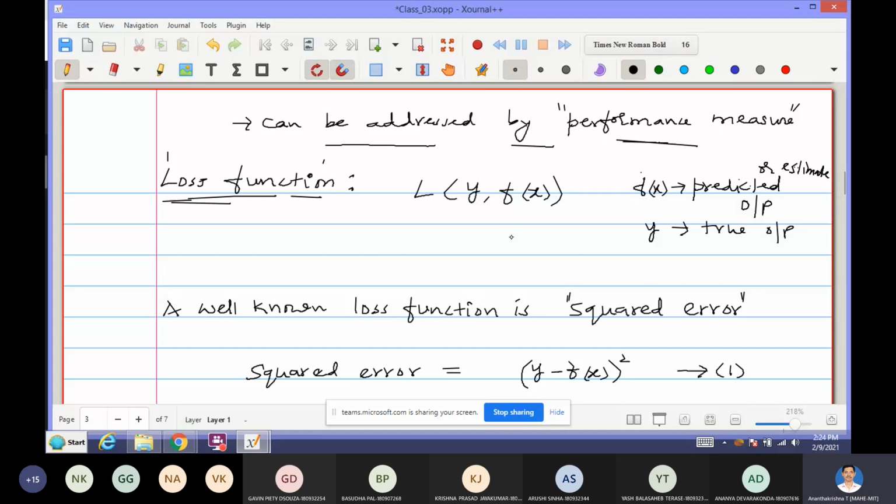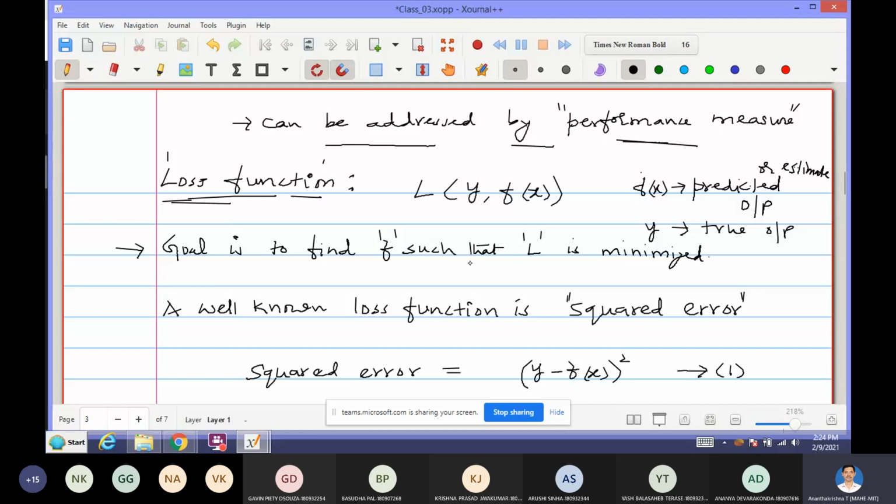Now the goal is to find a function f of x such that the loss function L is minimized.